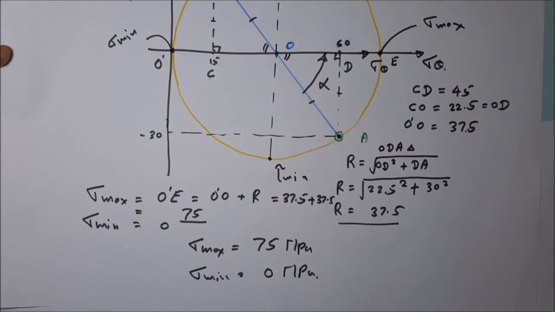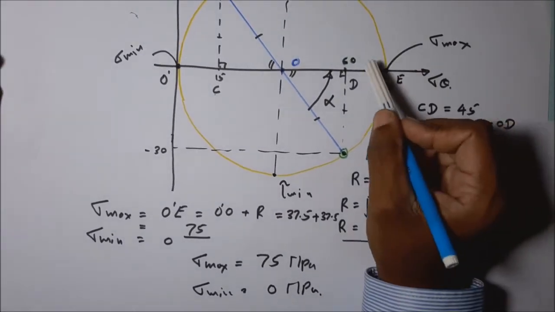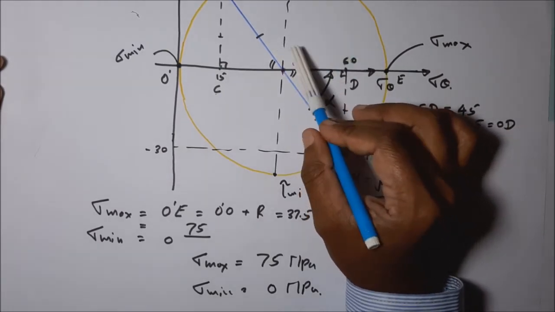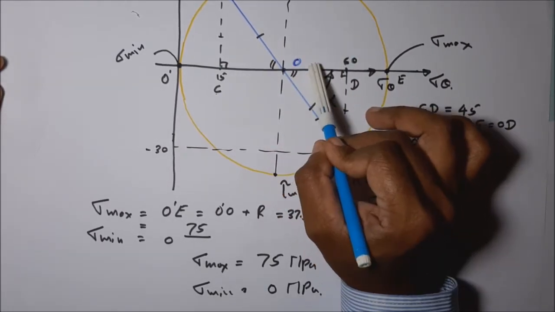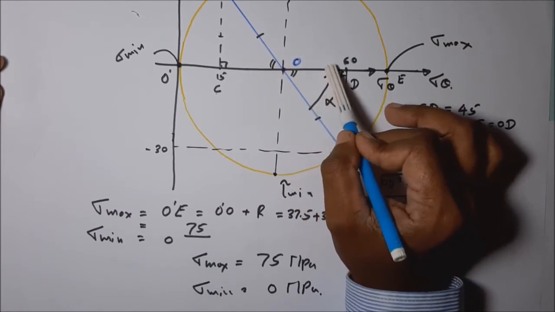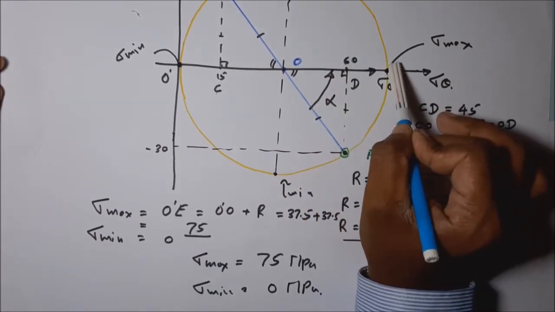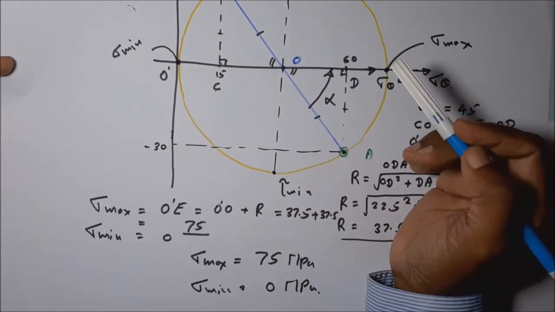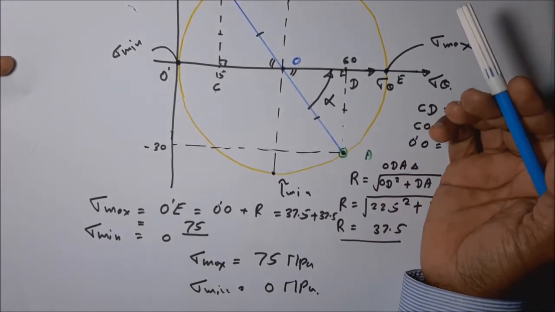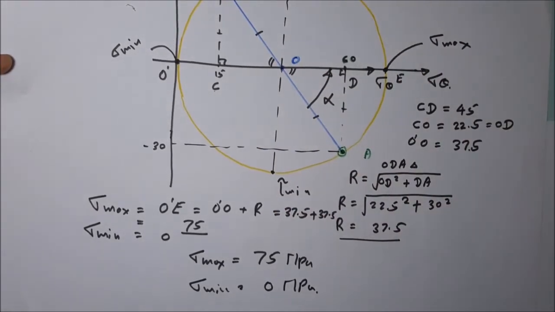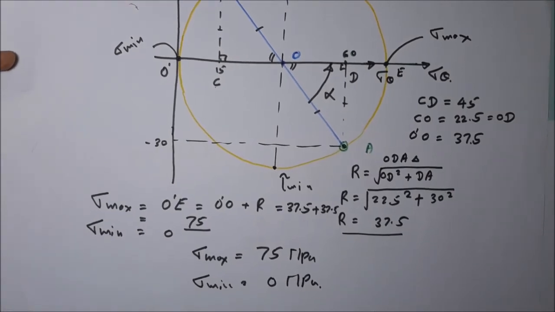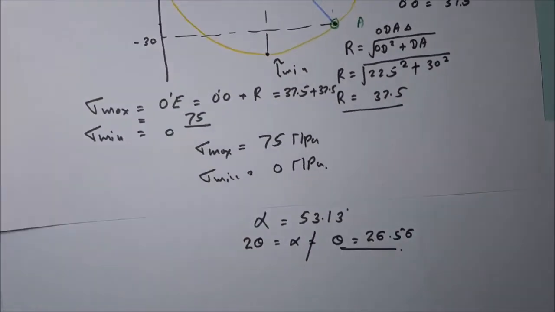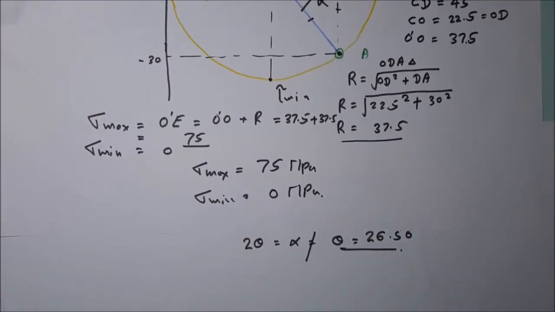Then you can see at an angle of 90 degrees to this maximum plane, here the total angle is 180, so we have to take half of this angle. On this plane at 90 degrees, stress is minimized. No need to find that one. By looking at this Mohr circle diagram, you should be able to say that at an angle 90 degrees to this plane, stress is minimized. In that way we can represent this.